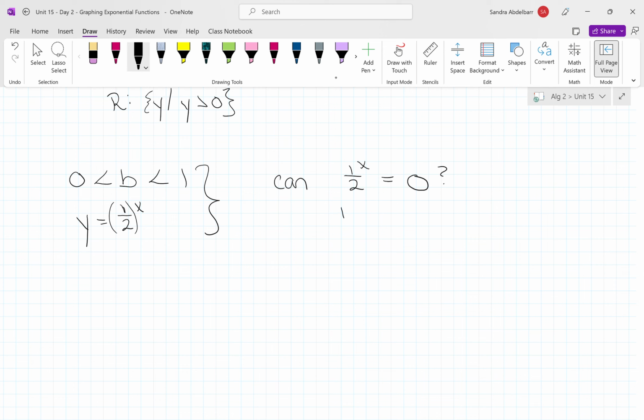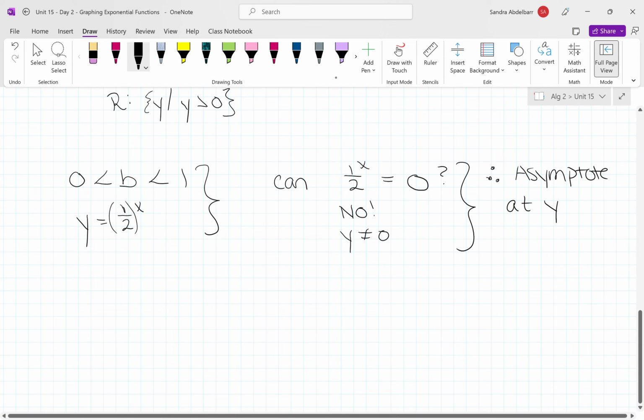No. So what does that mean for us? If there's no number that we could plug in for x that will make it equal 0, that means y will never equal 0. So once again, three little dots means therefore asymptote at y equals 0, which is the x-axis.